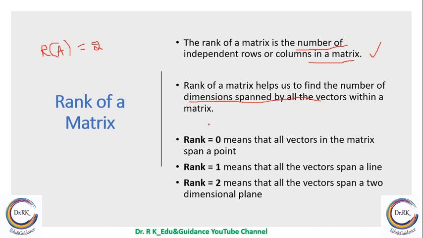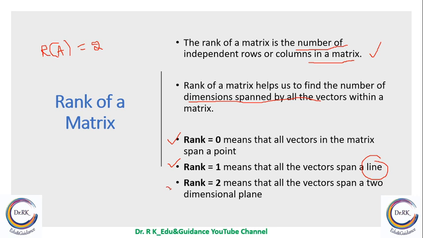Another use is to find the nature of a system of equations. Some observations: if the rank of a matrix equals 0, all the vectors in the matrix span a point. If the rank equals 1, all the vectors in the matrix span a line.